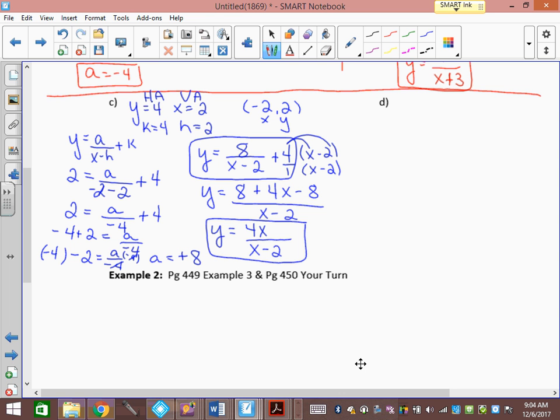Collect terms, get your answer. And then you can check and see based on your rules, right? Still, x minus 2, so x equals 2 is your vertical asymptote. Now, numerator and denominator, same degree. So we take a fraction of their leading coefficients, right? 4 over 1, 4. Yay, we know we're right. Okay? D.